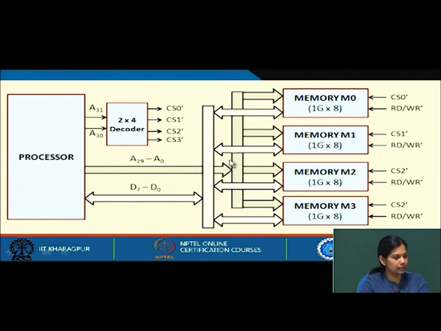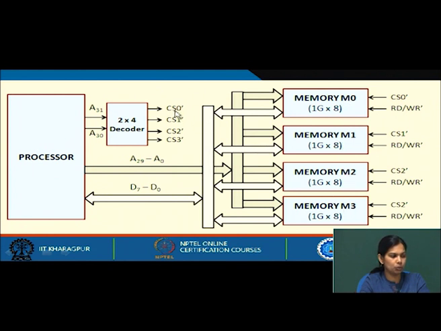Now, I can only select any one chip at a time, so I need to have a decoder. I need 2 more extra bits, that is A30 and A31. So, a 2 cross 4 decoder is required. Depending on these 2 values, any one of the following chips will get selected.